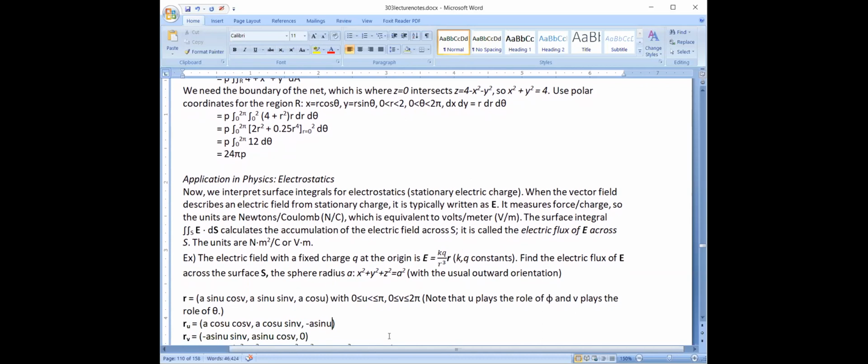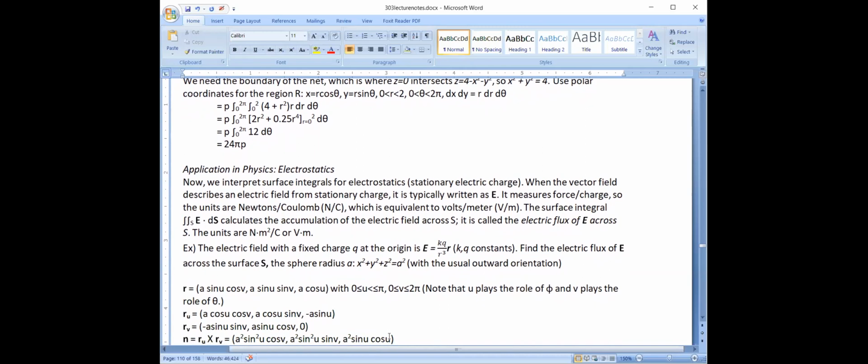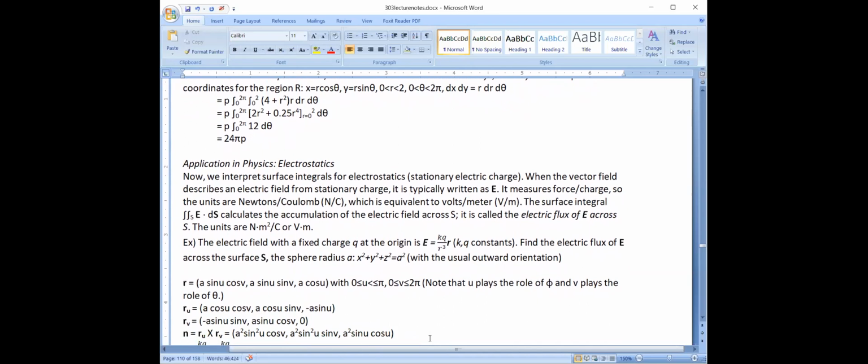And dr dv equals negative a sine u sine v, comma a sine u cos v, comma 0. Take the cross product, r_u cross r_v, to get the normal vector, and you get, as we've gotten before, a squared sine squared u cos v, a squared sine squared u sine v, a squared sine u cos u. Okay.